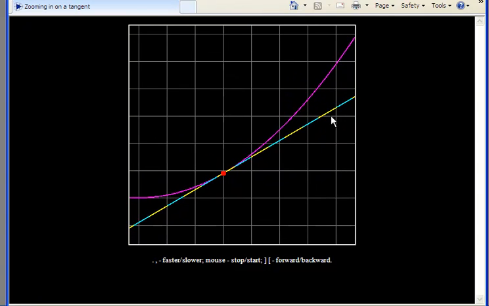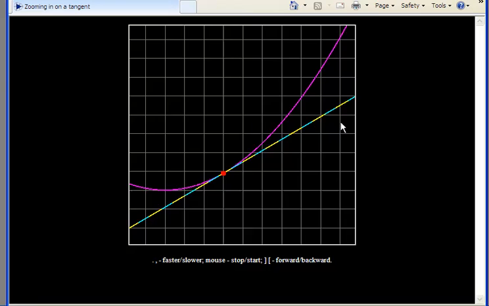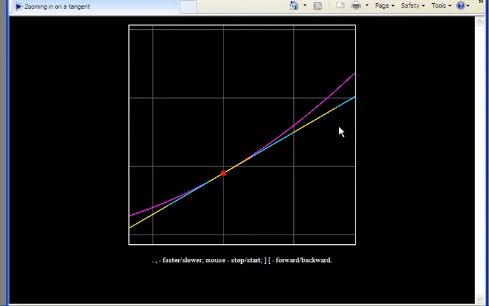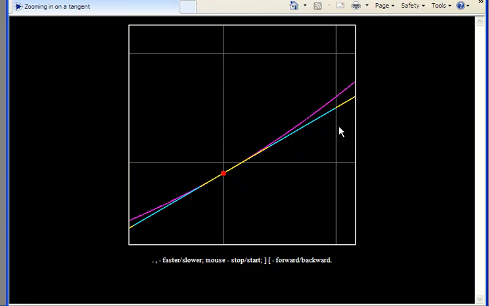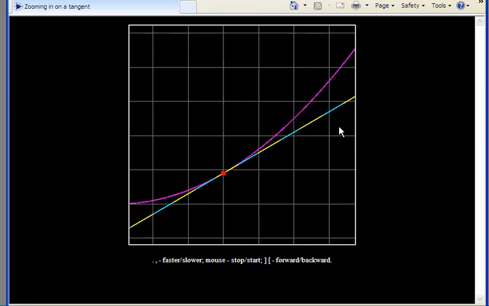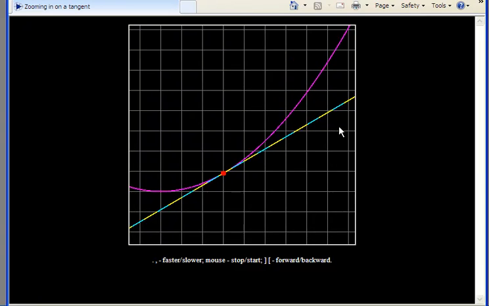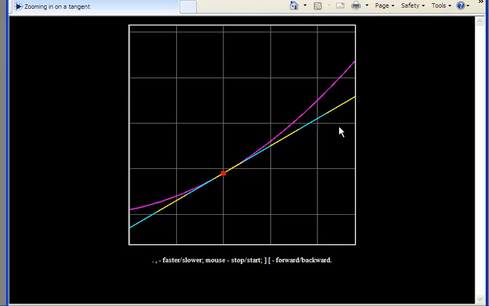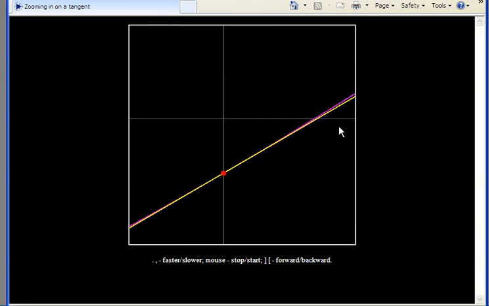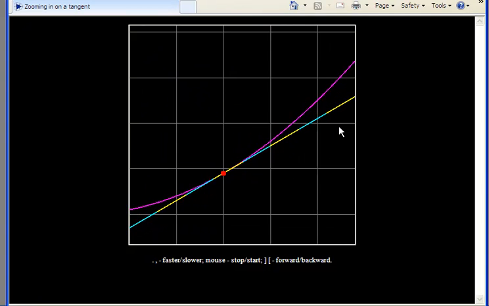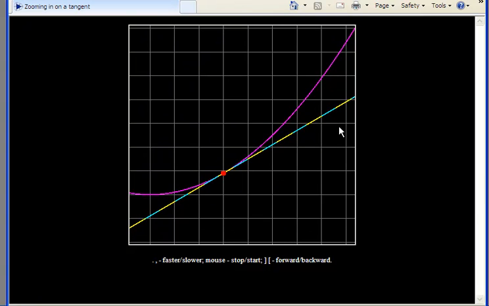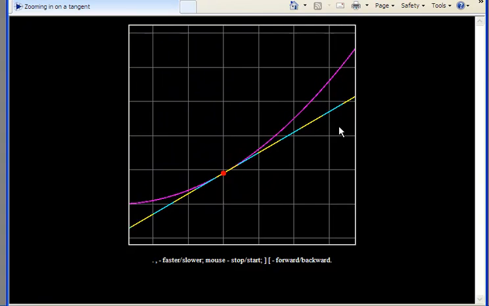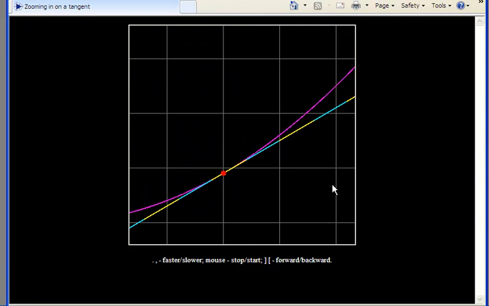Now we're zooming out, so they're coming farther apart, and as I zoom in, they get closer and closer to each other. So the more you zoom in, the more that purple curve looks like a straight line, the more it looks exactly like that tangent line. And that's the property of being locally linear. If you can zoom in enough on your graph to make it look like a straight line, then it has a tangent line, which means it has a derivative. Okay?